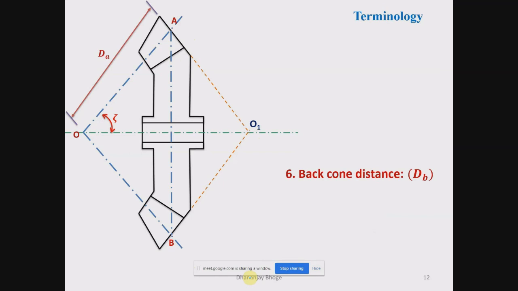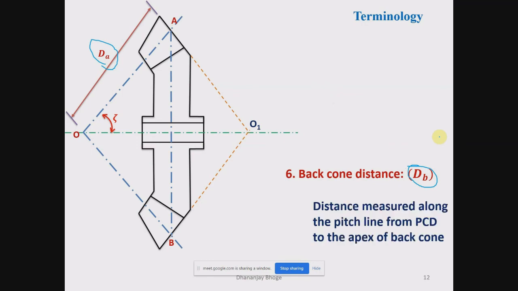Back cone distance DB. जसा आपण पिच कोनचा कोन डिस्टन्स मोजला DA along the pitch line from cone apex to the PCD, तसंच बॅक कोनचा डिस्टन्स मेजर करायचा DB. Distance measured along the pitch line from PCD to the apex of back cone.